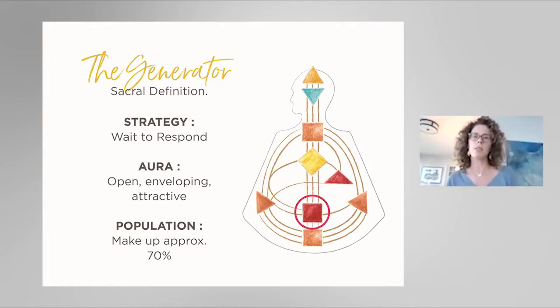When the sacral energy of a generator is used well, they'll be in this energy of regeneration, meaning they feel like, I'm using my energy well. By using their energy, they actually create more energy, just like a battery recharges itself. So generators ideally are in a frequency of regeneration.